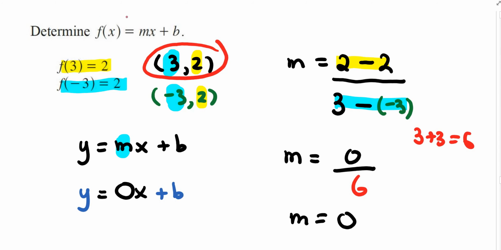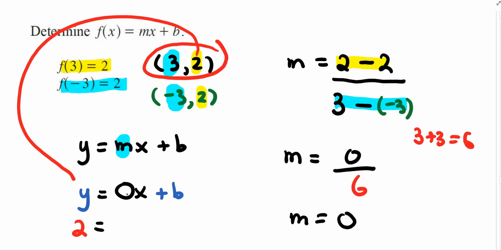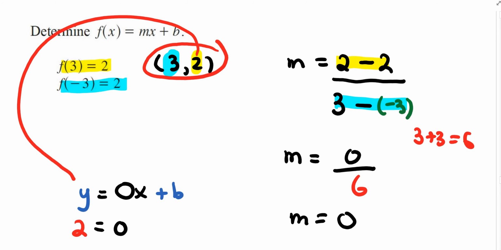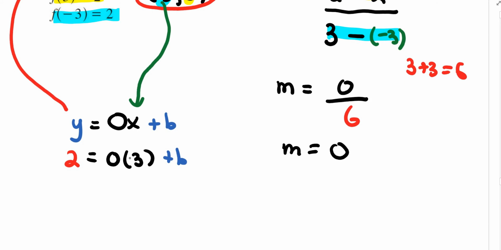So my y value is going to be 2. And it doesn't really matter what the x value here is. If I just erase all this, my x value is now going to be 3. So 0 times 3 is still going to be 0. And if I do the calculations here, that goes to 0. This is 2 equals b, right?